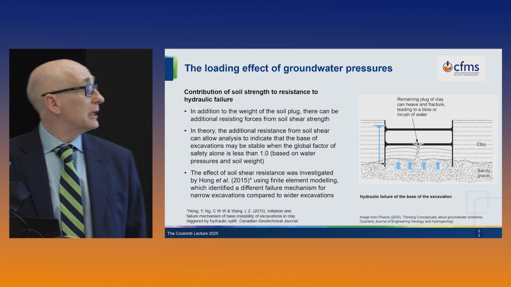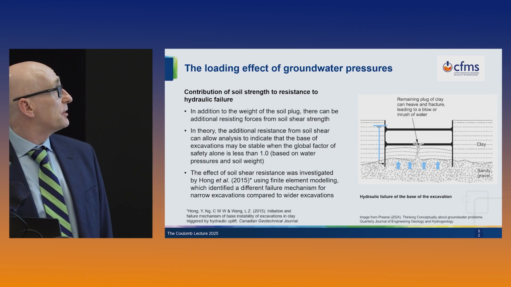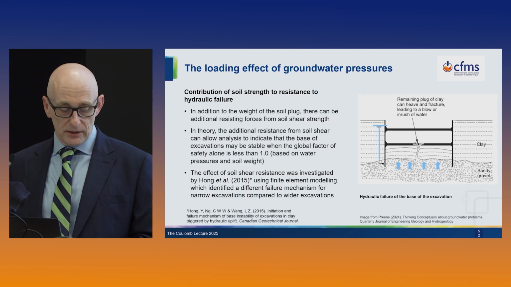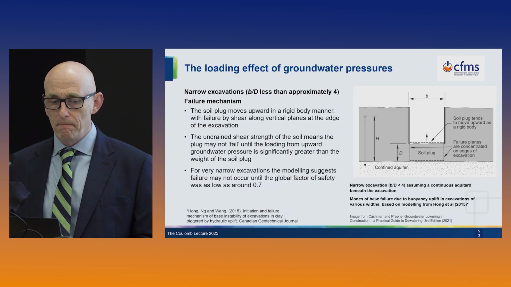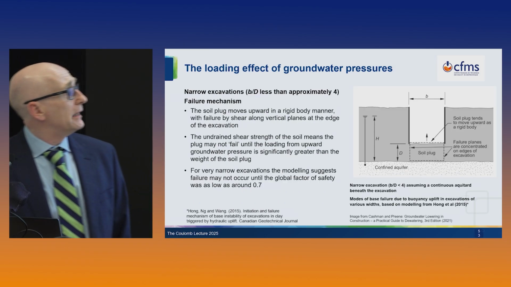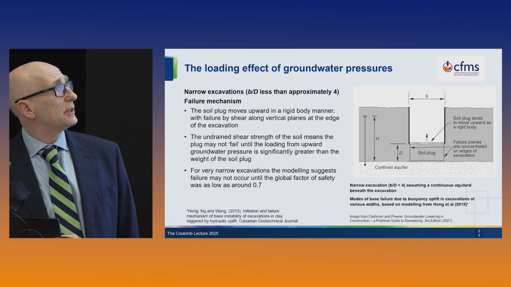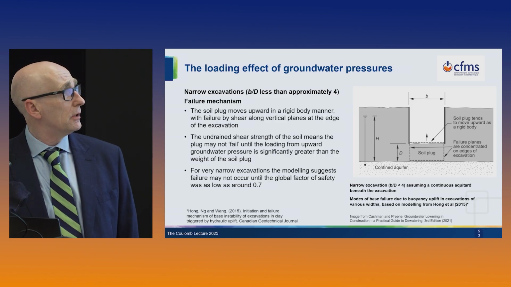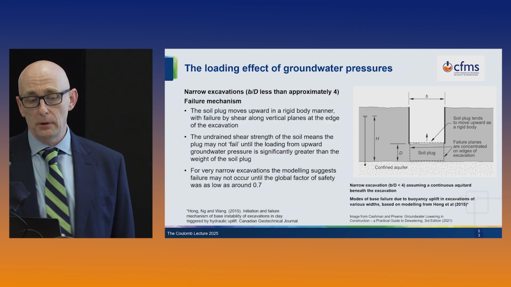And some really interesting modelling was done by Hong et al., and they used finite element modelling to look at the failure mechanisms of different widths of excavation in this case. And so here they looked at a case, they called it a narrow case, and that's where the width of the excavation is less than 4 times the thickness of the soil plug.